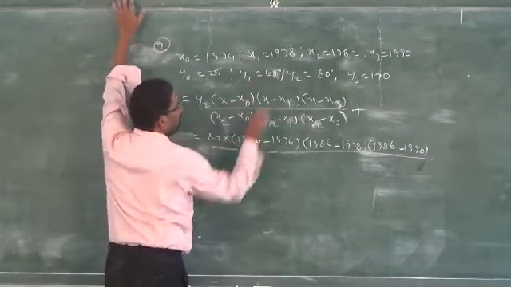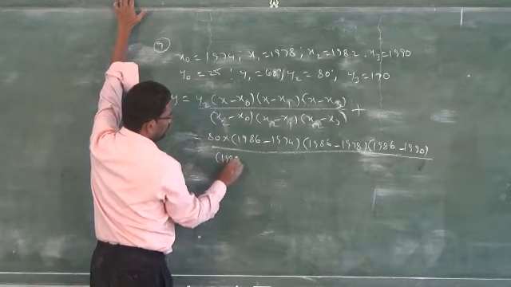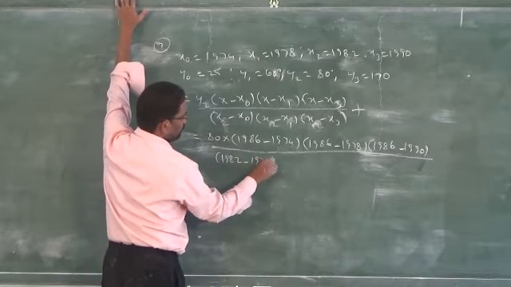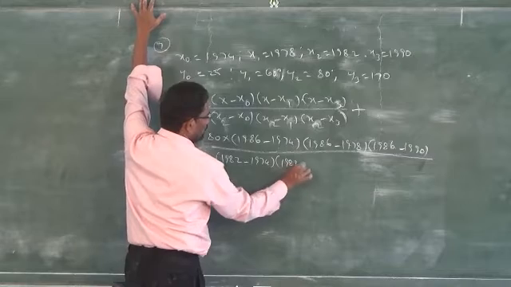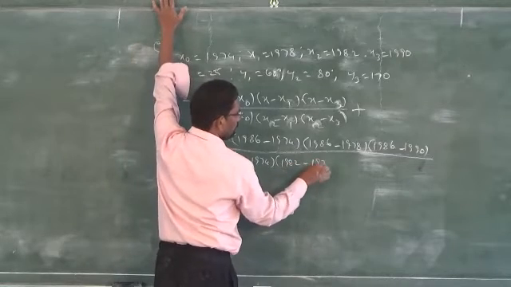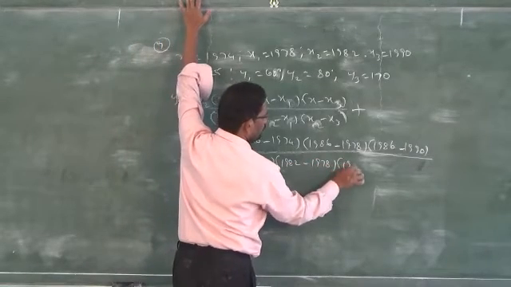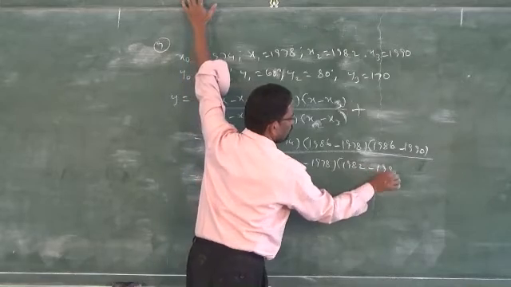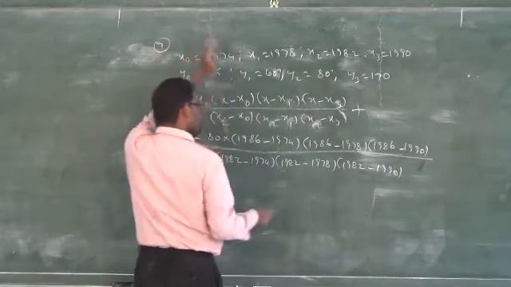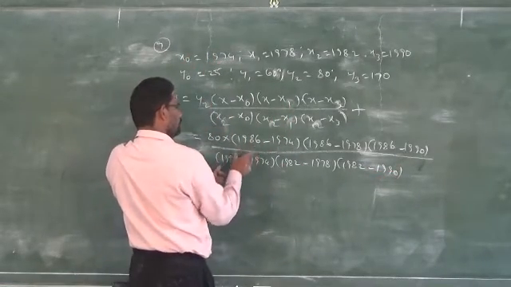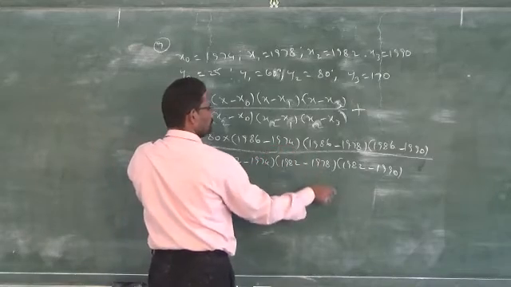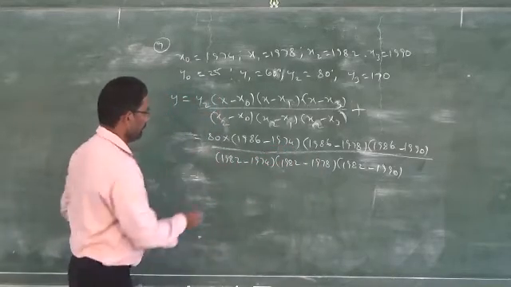What is your x2? 1982 minus 1974, 1982 minus 1978, then 1982 minus 1990. See, I am replacing only the first data. I did not change the second data.